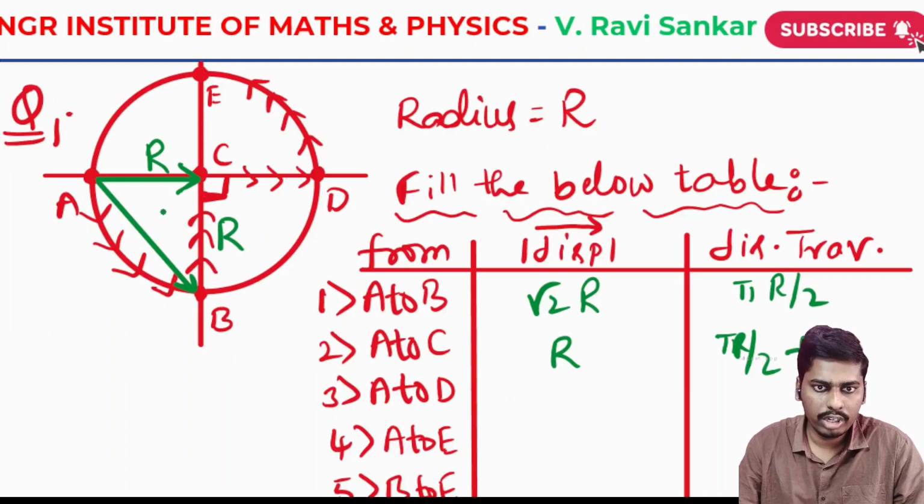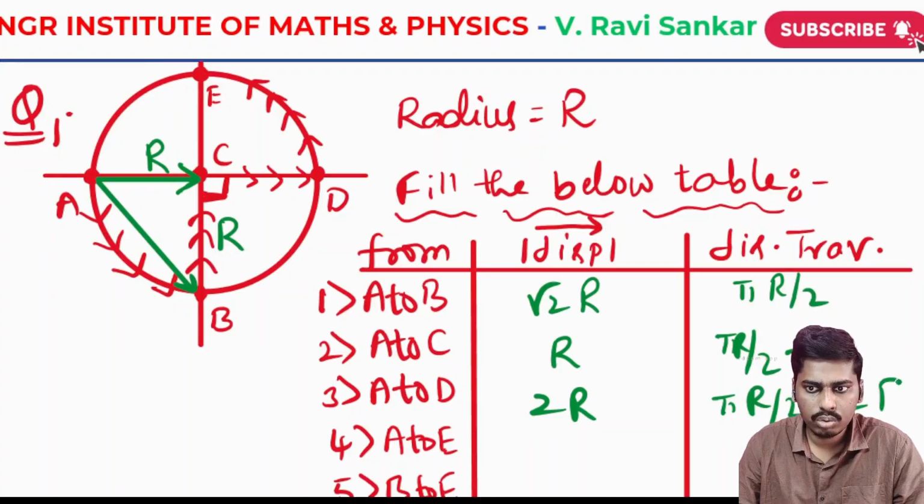And from A to D, this is 2r. And the distance from A to D is nothing but pi r by 2 plus 2r. A to E is again root 2r.